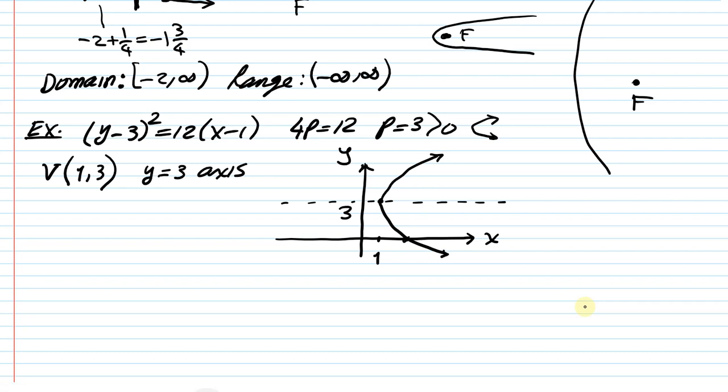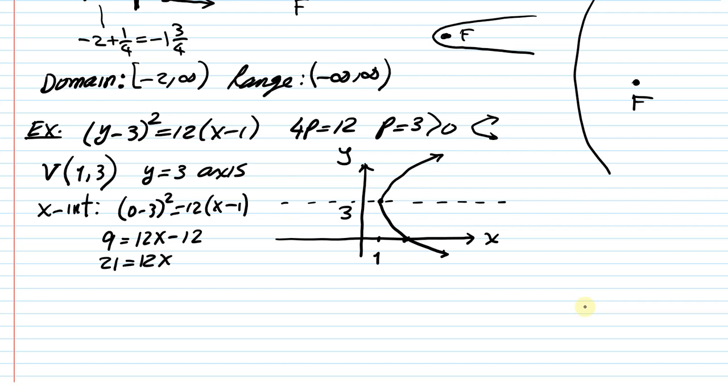That's easy to find when y is 0. So let's do our x-intercept. Y is 0. I get 0 minus 3 squared equal 12 times x minus 1. -3 squared is 9 equal 12x minus 12. I'm distributing the 12. Add 12 to both sides. I get 21 equal 12x.